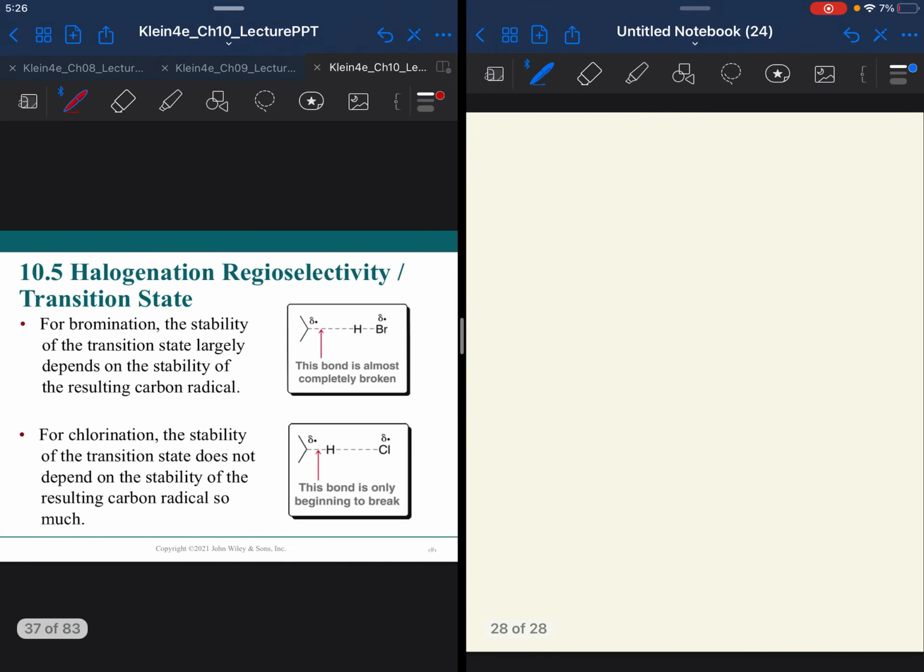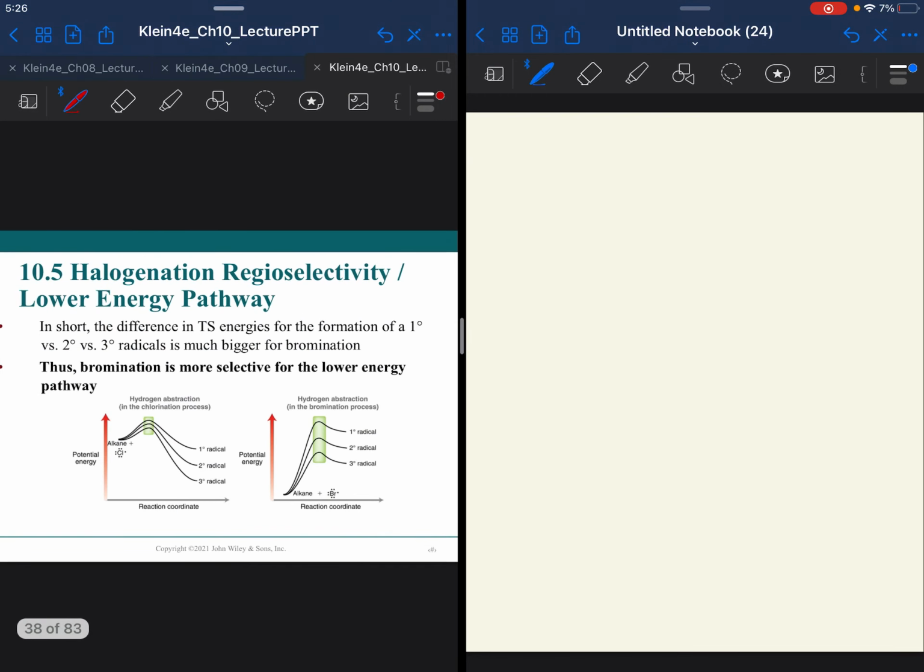It's also important to note, bromination and chlorination, if I ask for a major product, because even 60-40 is still a major and a minor product. It's just way more favored with bromination, with the 97 versus 3.